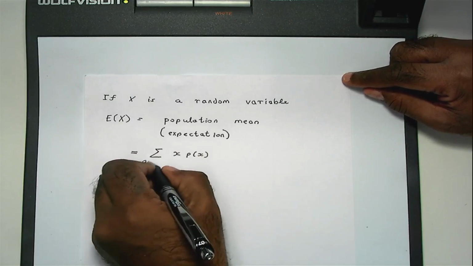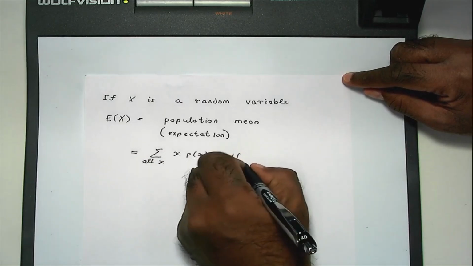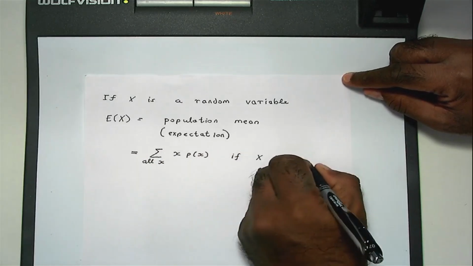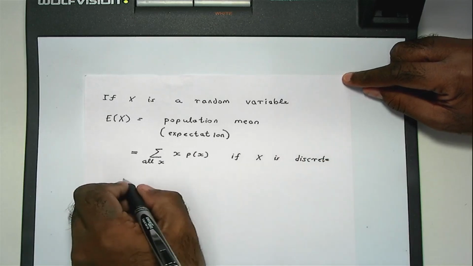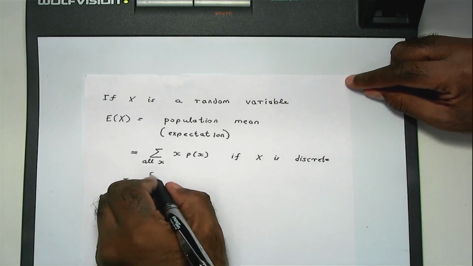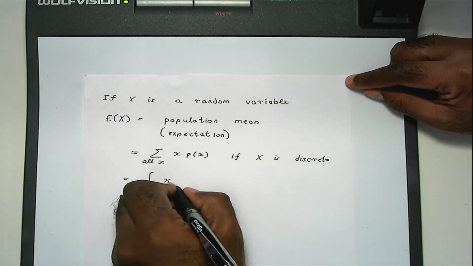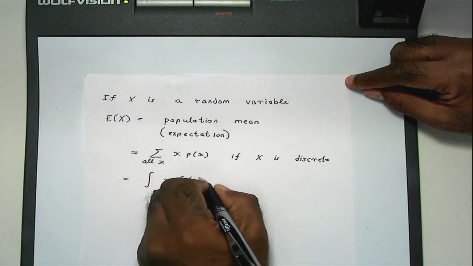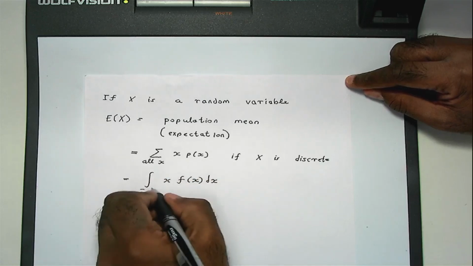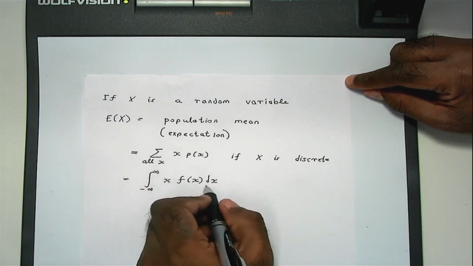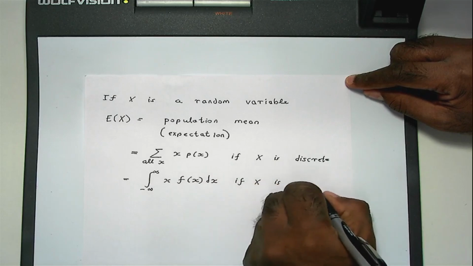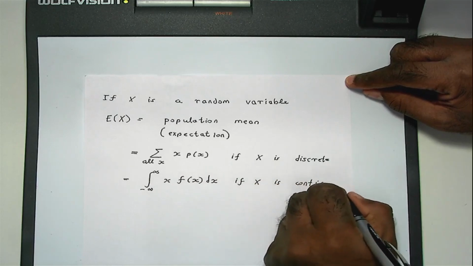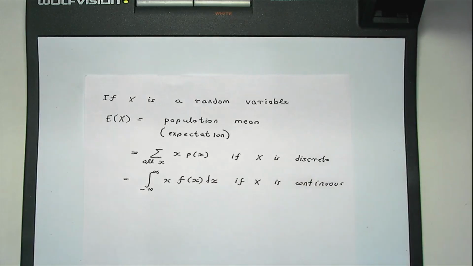That is, if X is a discrete random variable, and if the variable is a continuous random variable, then you integrate like this. So if X is a continuous random variable, right? So that's the first thing I want you to know.